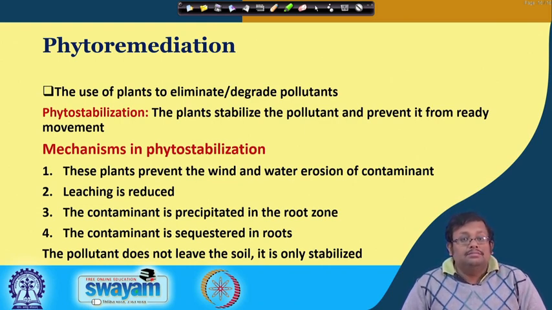The plants prevent the wind and water erosion of contaminants, and then leaching is reduced. Third, the contaminant is precipitated in the root zone, and fourth, the contaminant is sequestered in the root zone. Remember that the pollutant does not leave the soil, it is only stabilized. So these are the four ways through which phytostabilization takes place.